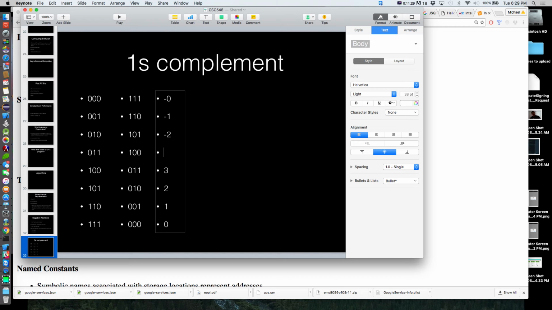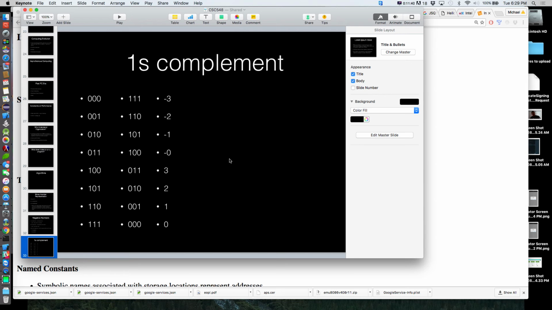So let's make this guy -0. This guy is going to be -1, -2, -3. That's correct. All right, so we have 2 zeros, and everything walking down this way is positive, 3, 2, 1, 0. Everything walking up is negative, -1, -2, -3.